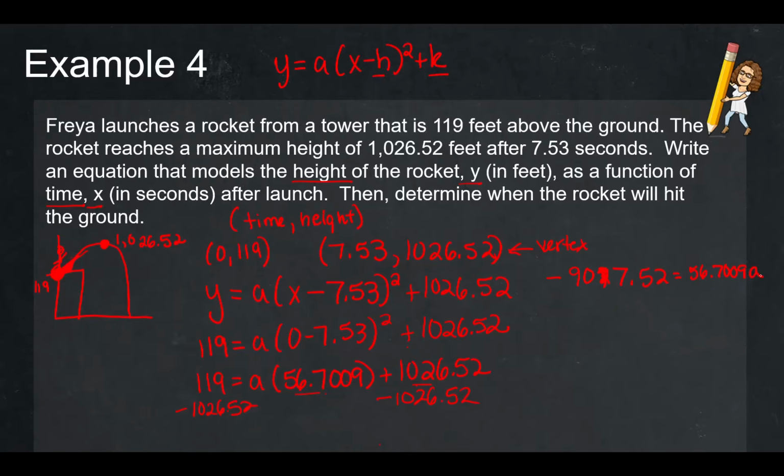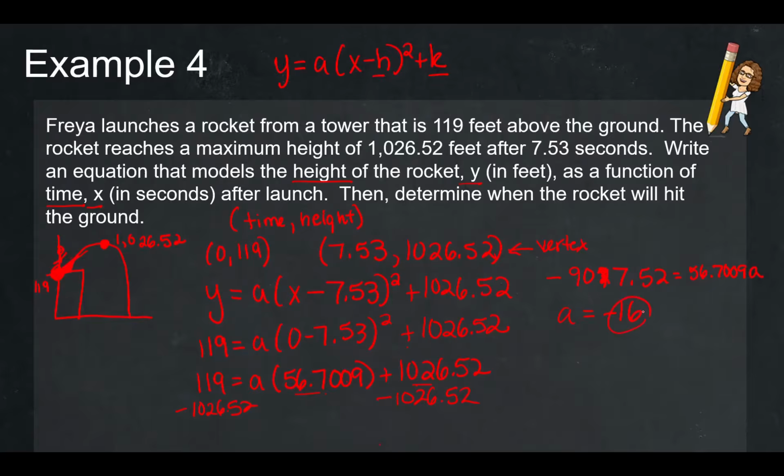So I'm going to divide by that 56.7009. We get an answer, rounded to 2 decimal places, of pretty much negative 16. It's negative 16.005, so pretty much negative 16.